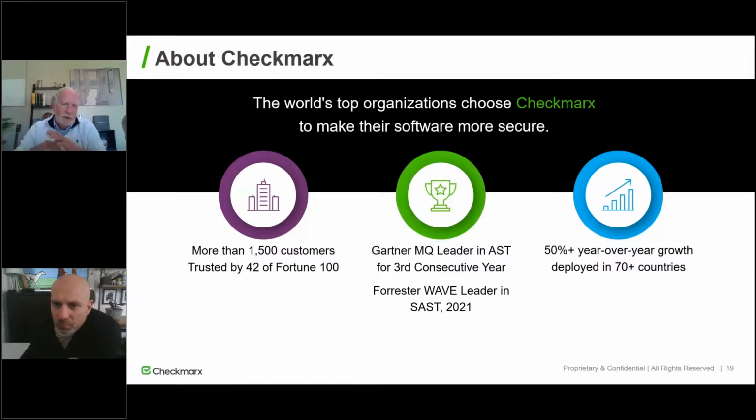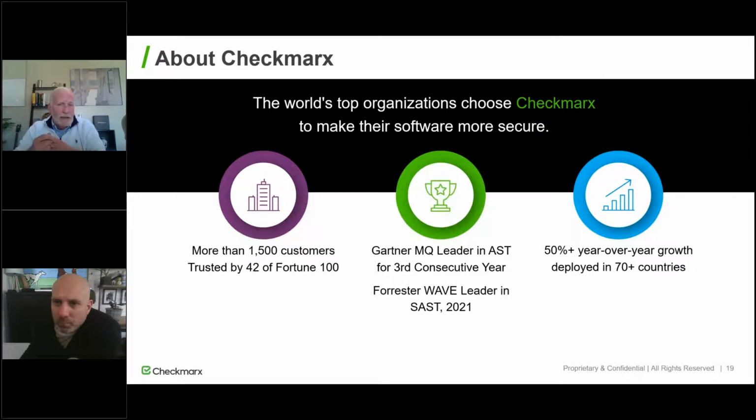So real quick about Checkmarx, many of the world's top organizations are choosing Checkmarx to make their software more secure. Today, we've got more than 1,500 customers worldwide, and we're trusted by 42 of the Fortune 100, which really is a validation of our approach and the quality of our technology.